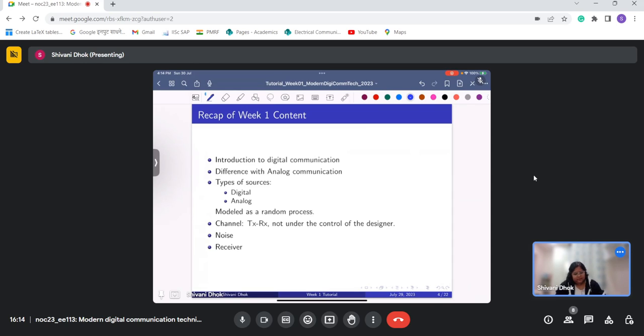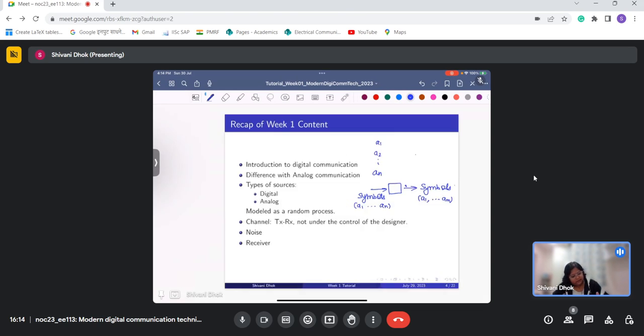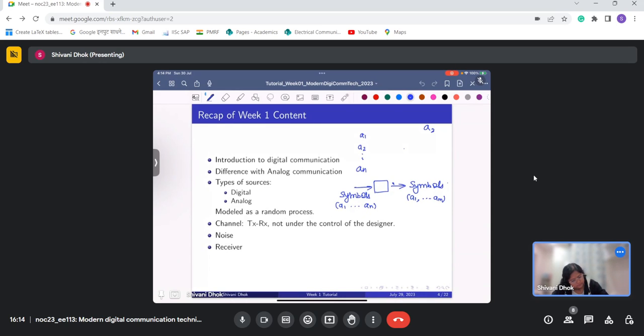One way is, let's say the transmitter is transmitting some symbols and the receiver is receiving some symbols. Let's say I transmit A1, A2 till AN, and I may receive A1 till AM.